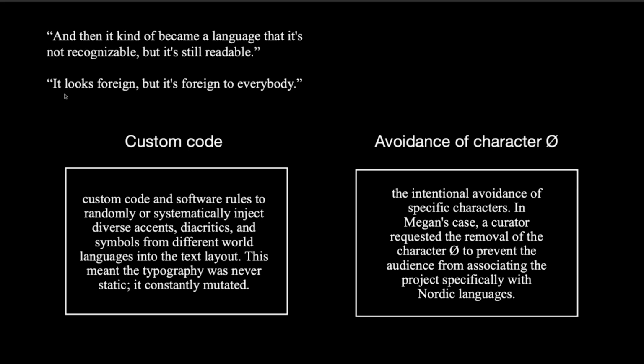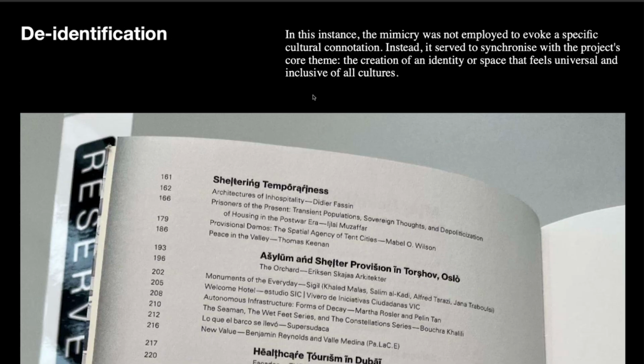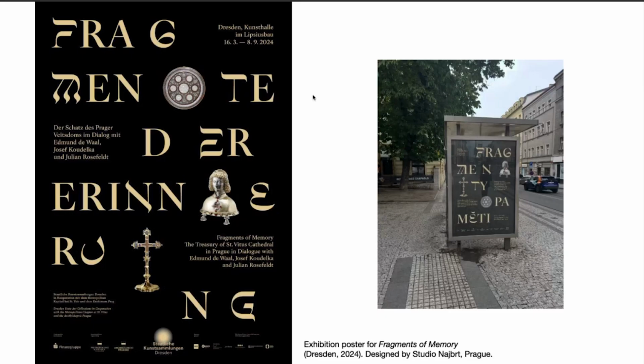So she said to me, it looks foreign, but it's foreign to everybody. So in this example, the mimicry was not used to identify a certain culture, but instead it served to synchronize with a space or identity that feels universal and inclusive to all cultures.